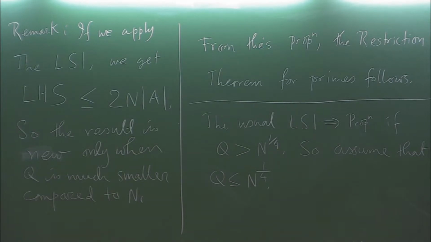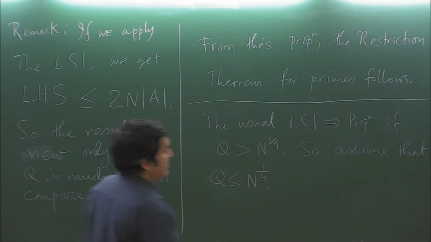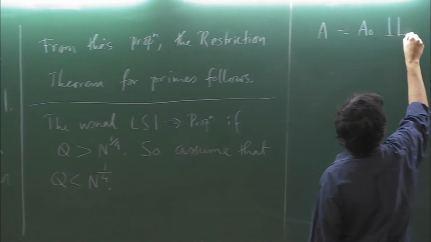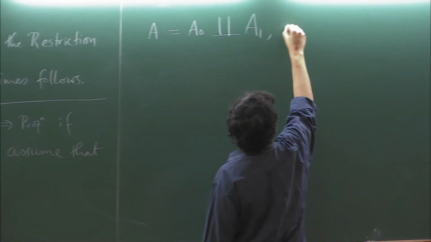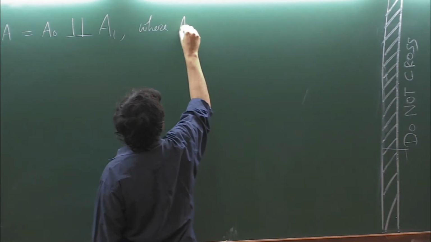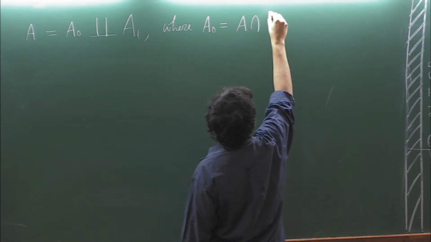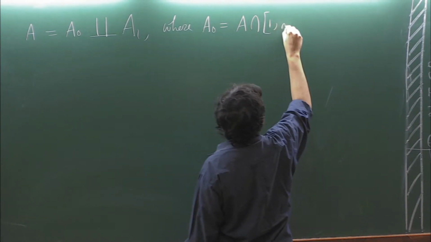Okay, and now I will decompose A. So write A as a disjoint union A naught and A1, where A naught is A intersected with 1 to root n.